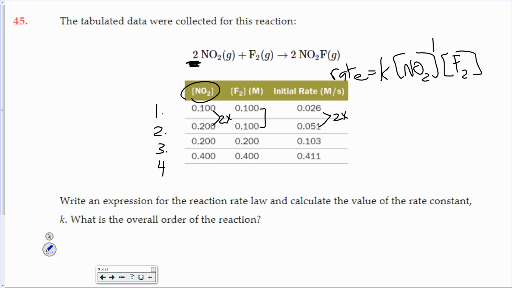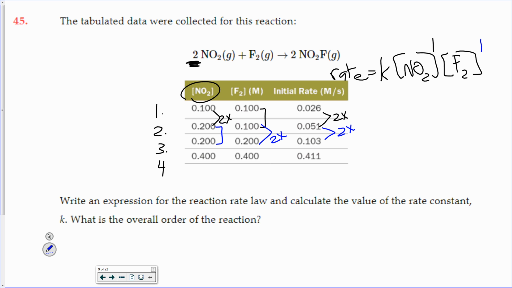So I want ones where the NO2 is the same. So the ones where the NO2 is the same are 2 and 3, and on this one, the concentration of the F2 is doubled, and comparing the rates, the rates almost double. So that tells me this one also is first order. Okay, so now I know that both of them are first order.